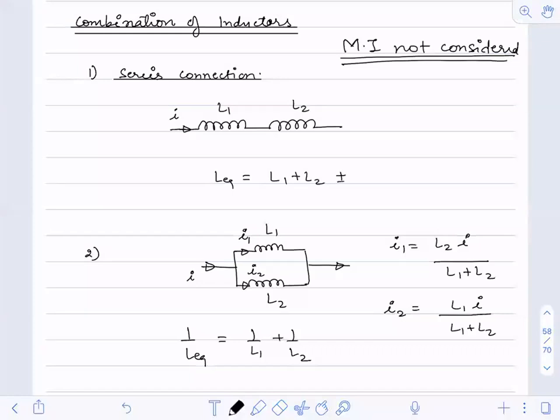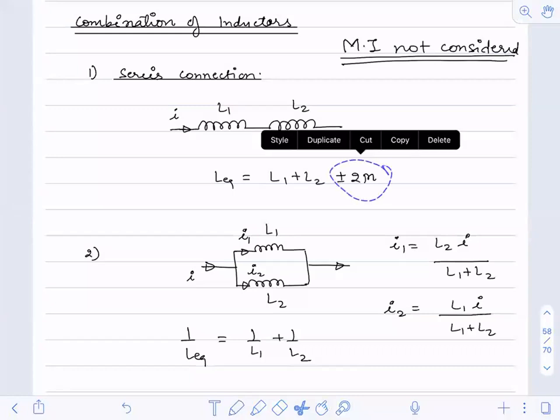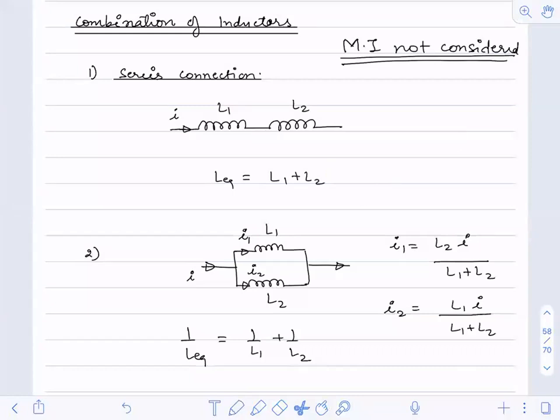But I don't think that is in your syllabus. This is not in JEE also. They don't ask such problems in JEE nowadays. So I hope this is also done.